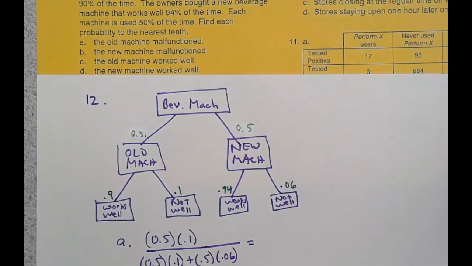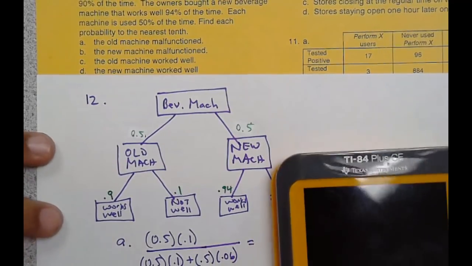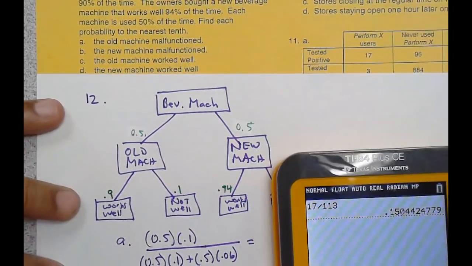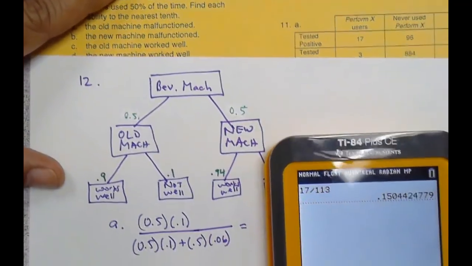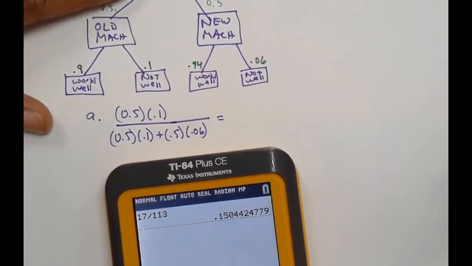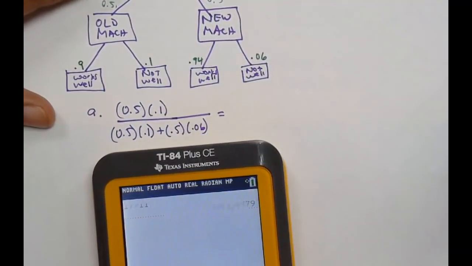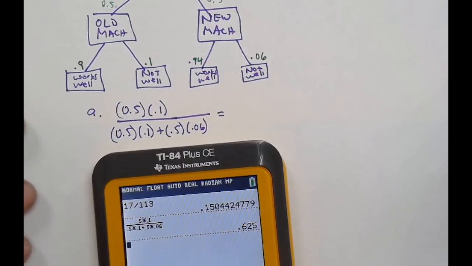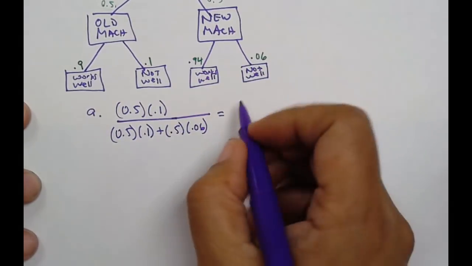All right, so I'm going to go ahead and put this in the calculator. I'm just going to put it in as a fraction. So we have 0.5 times 0.1, and then on the bottom I have 0.5 times 0.1 plus 0.5 times 0.06. And that's going to get you 0.625.